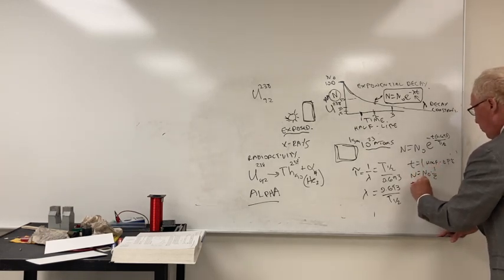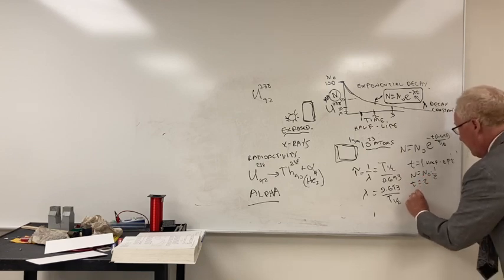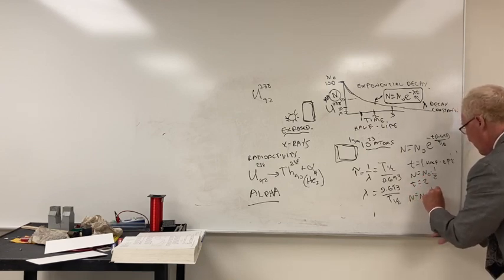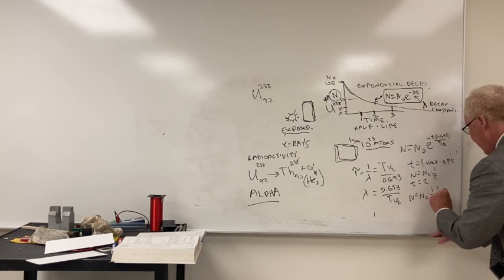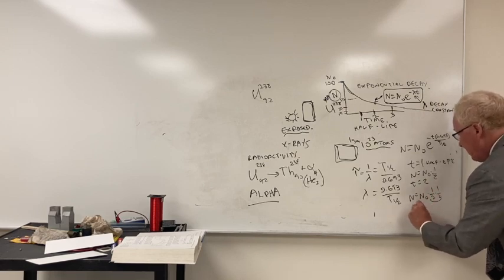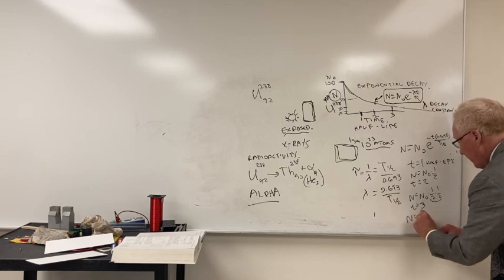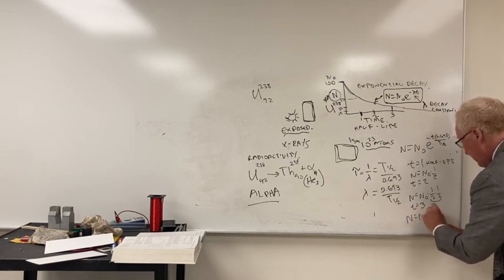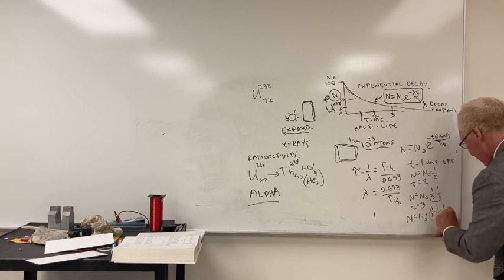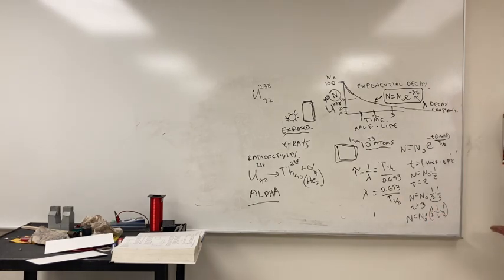When t is 2, then N will be N naught times half times a half, which is a quarter. And when t equals 3, then N will be N naught times a half times a half times a half. All right? So that's what you have there. And that's what we call exponential decay.